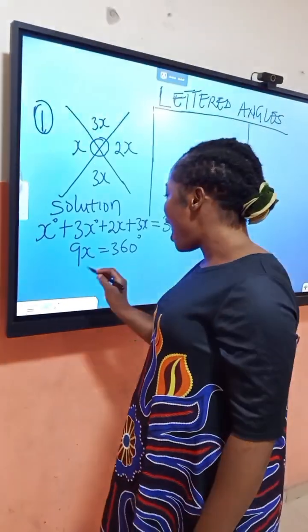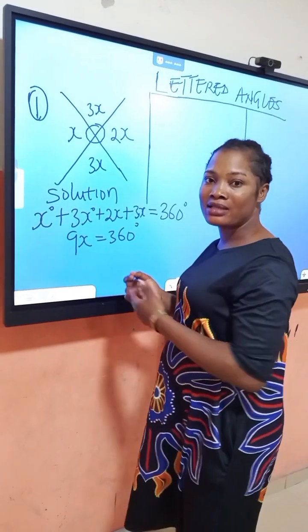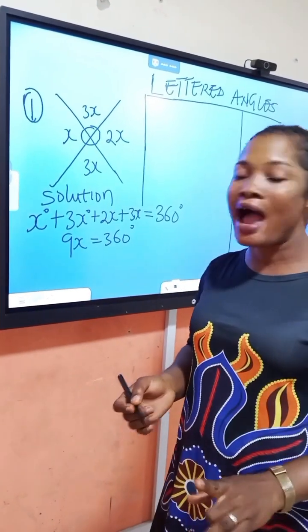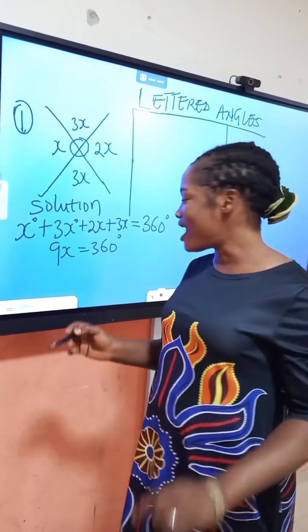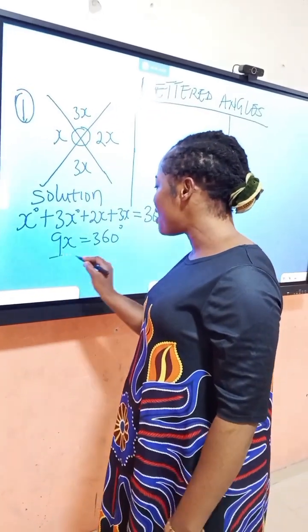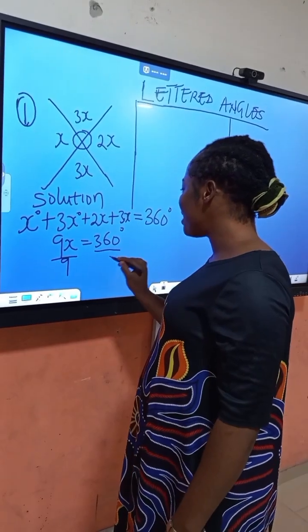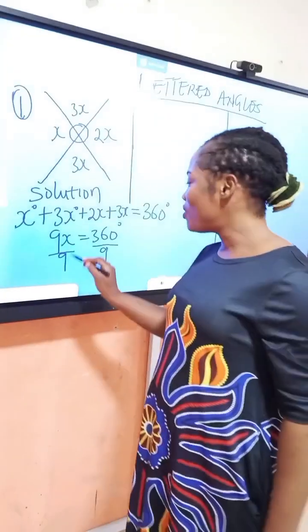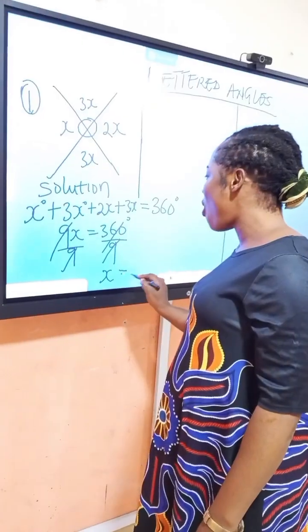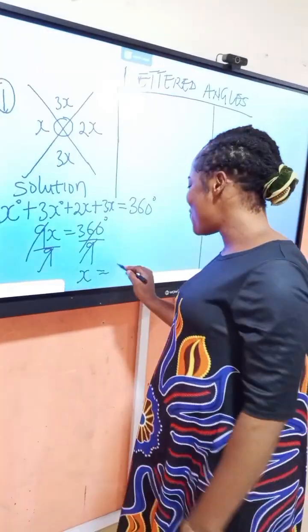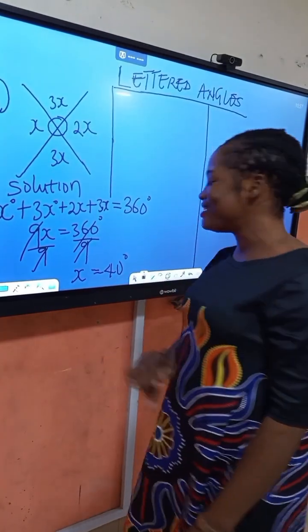So how do I get my x? I'm going to divide both sides by the coefficient of x, which is 9. I divide here by 9 and here by 9. That will give me x equal to 40 degrees.